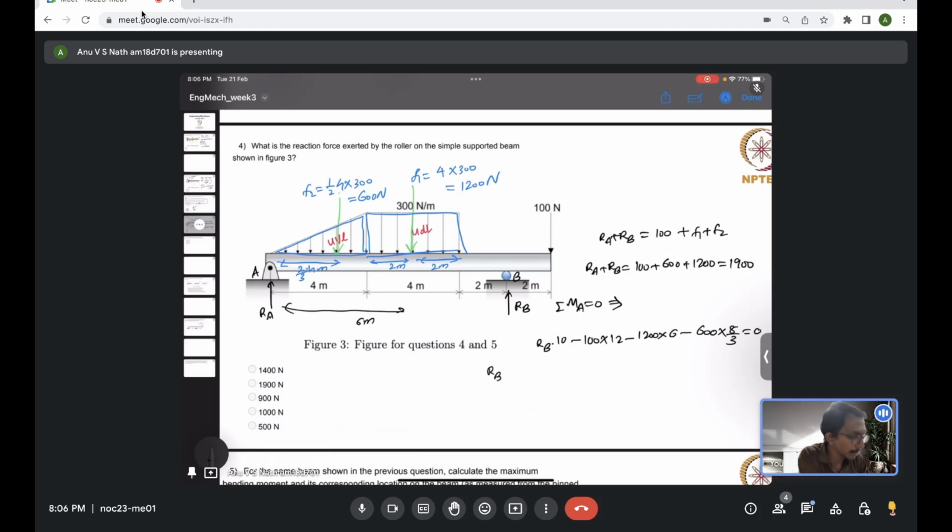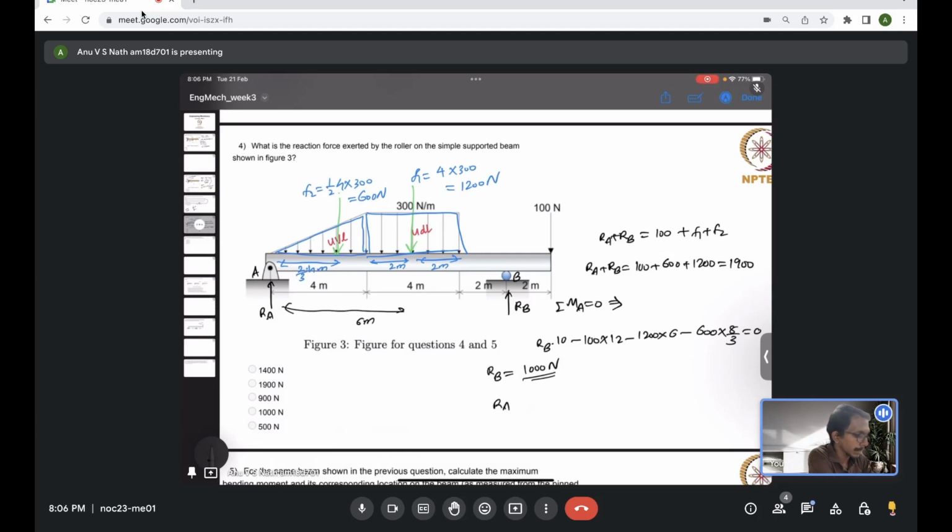If you solve, you will find RB. Let me evaluate it. 100 into 12 plus 1200 into 6 plus 600 into 8/3 is 10,000, divided by 10 gives RB as 1000 Newton.